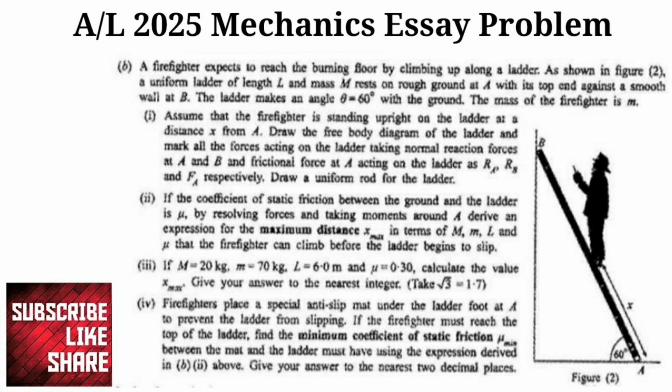Part 1. Assume that the firefighter is standing upright on the ladder at a distance x from A. Draw the free body diagram of the ladder and mark all forces acting on the ladder, taking normal reaction forces at A and B and frictional force at A acting on the ladder as RA, RB and F respectively.